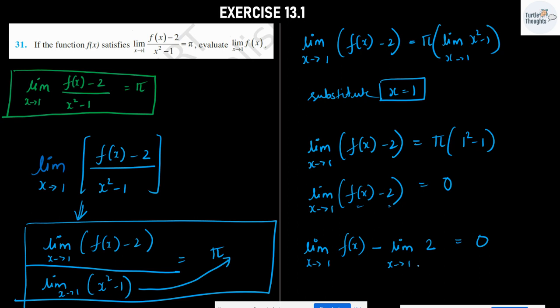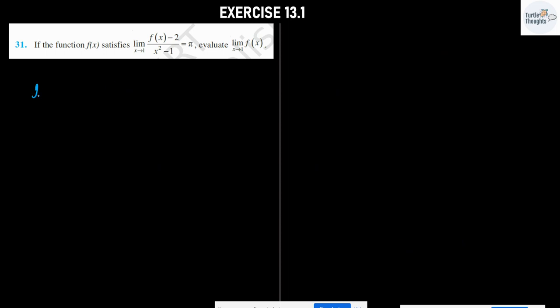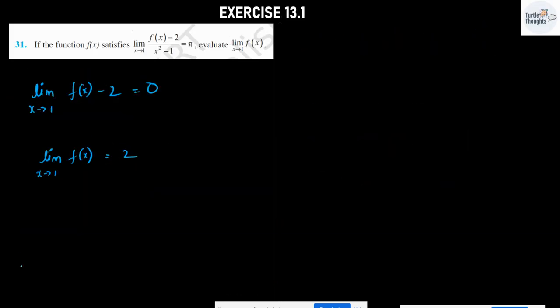We don't have any x, so this value is just 2. So the limit of the function f of x as x tends to 1 minus 2 is equal to 0. Hence, the limit of the function f of x as x tends to 1 will be equal to, is that clear?